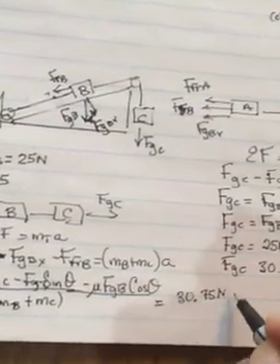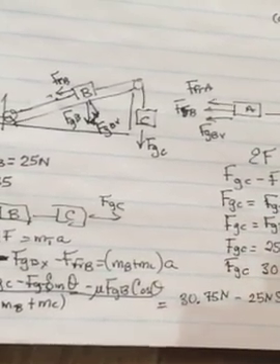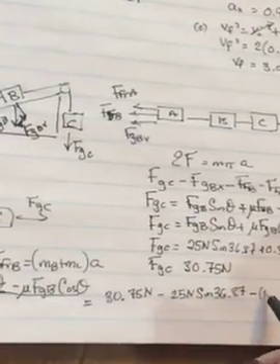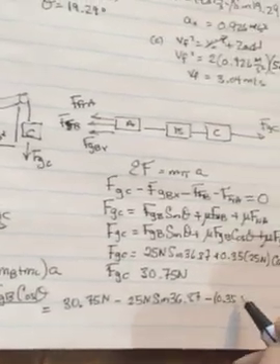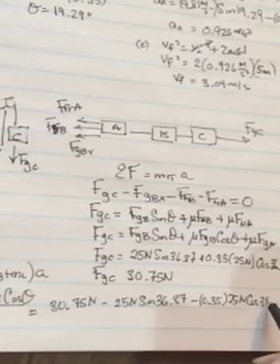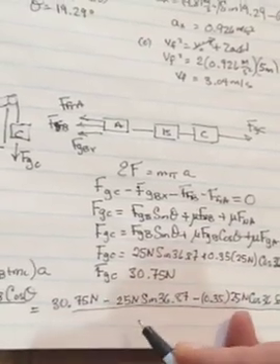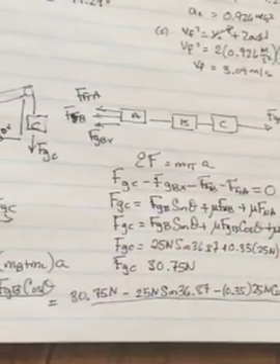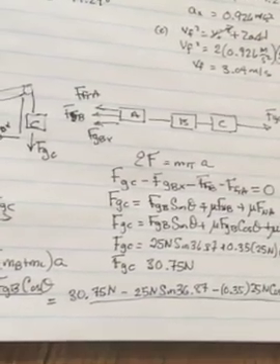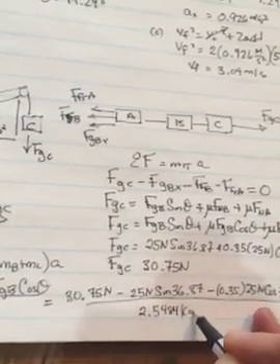Okay? And so this is equal to, that was 30.75 newtons minus 25 newtons sine of 36.87 minus 0.35 times 25 newtons cos of 36.87. And now the m's you do have to change. So 25 newtons divided by 9.81 is going to be 2.5484 kilograms.